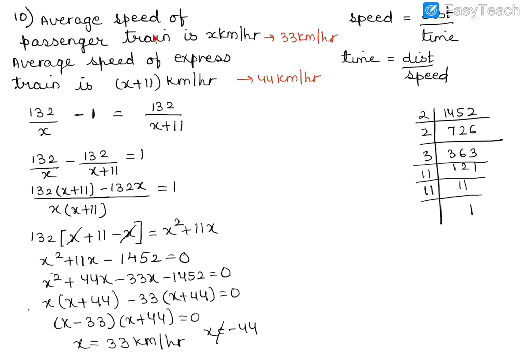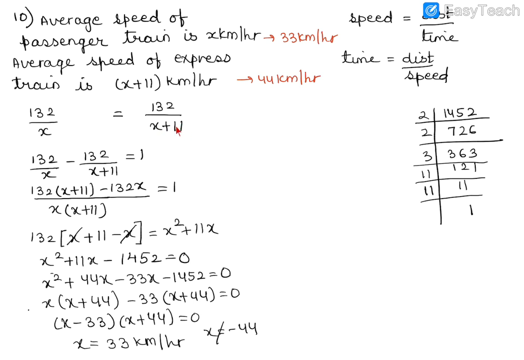The average speed of the passenger train और एवरेज स्पीड ऑफ द एक्सप्रेस ट्रेन हमसे पूछी थी. ठीक है, वी आर यूजिंग द सेम कॉन्सेप्ट. स्पीड इज इक्वल टू डिस्टेंस अपॉन टाइम, सो टाइम इज इक्वल टू डिस्टेंस अपॉन स्पीड. अब डिस्टेंस जो ट्रैवल किया है वो 132 है. तो क्या बोला है, अगर पैसेंजर ट्रेन है तो वो 132 किलोमीटर्स विद अ स्पीड ऑफ x किलोमीटर पर आवर जाएगी, और अगर एक्सप्रेस ट्रेन है सो इट्स स्पीड इज 11 किलोमीटर पर आवर मोर.